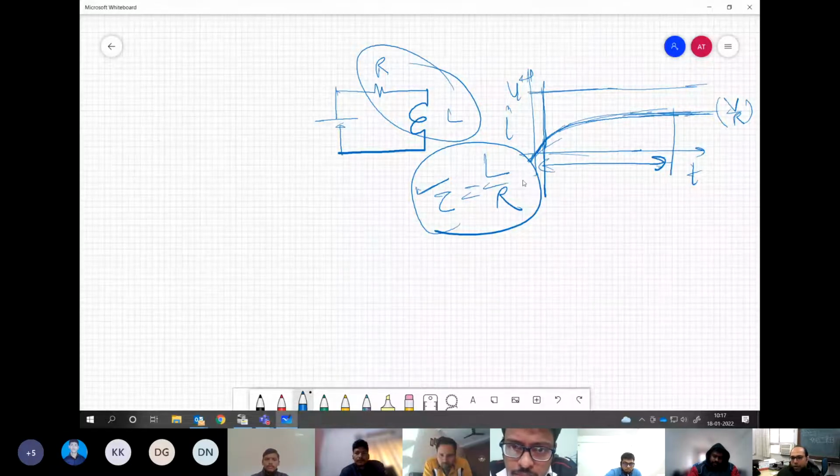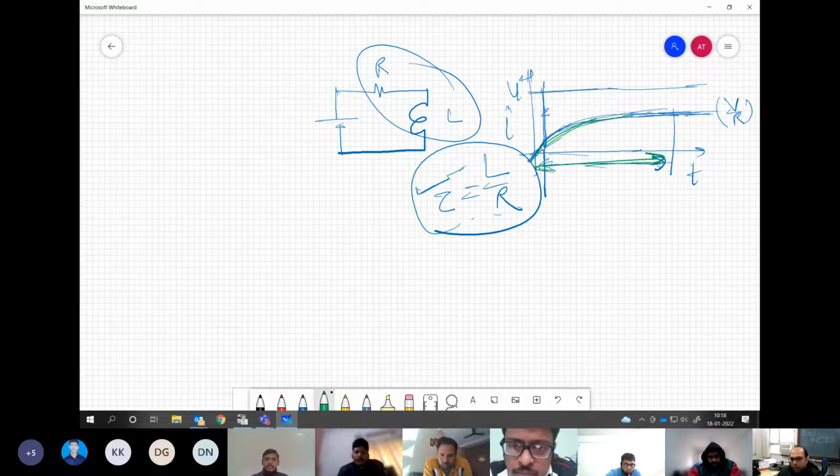And if we talk about a time constant which is very comparable to our operating time, then you will see an exponential kind of current going and settling somewhere. Correct? Yes, sir. So that's the difference between when we can have the linear way of drawing the current and when we can have the exponential way.